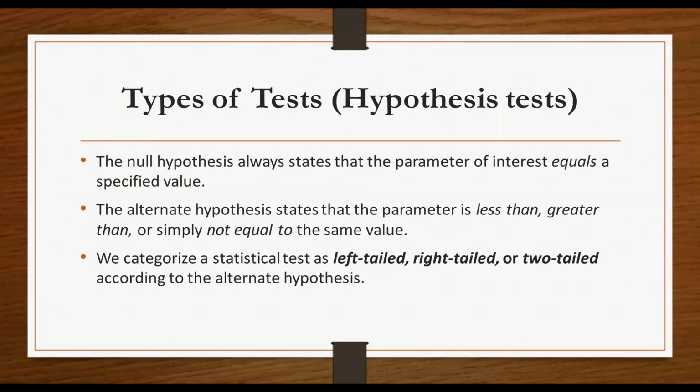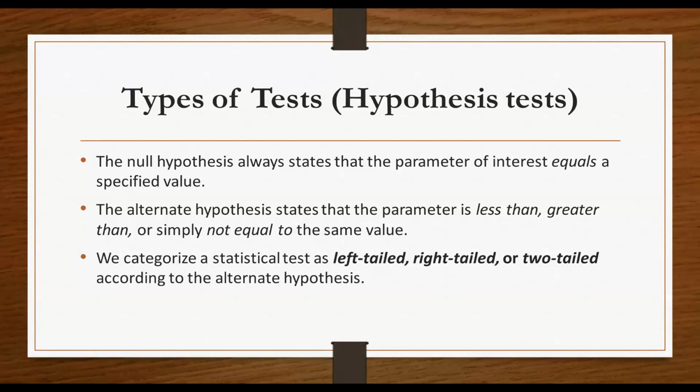When it comes to the null hypothesis, it will always state that the value is equal. But the alternative may be less than, greater than, or not equal to. So you have to listen carefully to the formation of the alternative hypothesis.